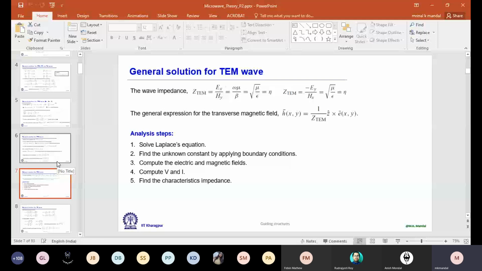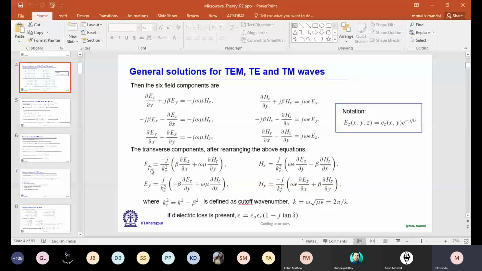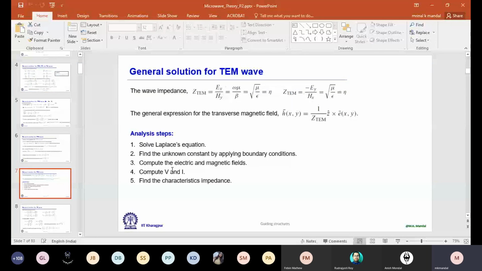In this expression we represented Ex, Ey, Hx, and Hy in terms of Ez and Hz. For the TE and TM cases, we can follow this. But for TEM, we have an issue because Ez and Hz are zero. So for the TEM case, what do we do? We start with Laplace's equation.